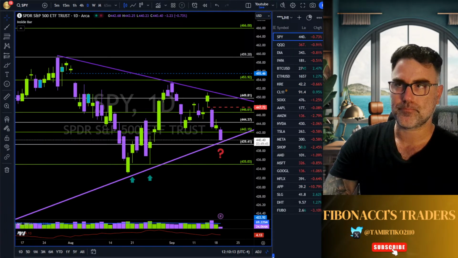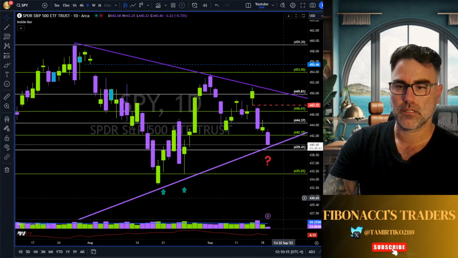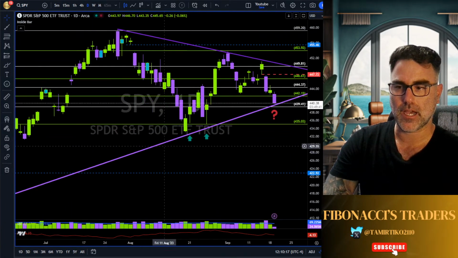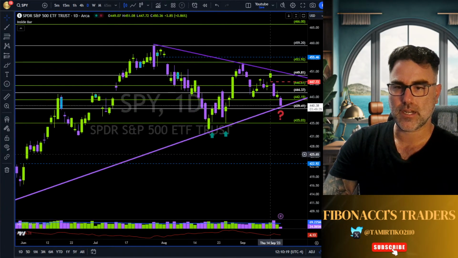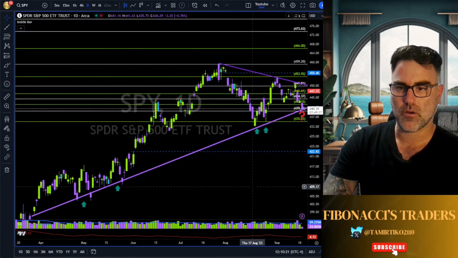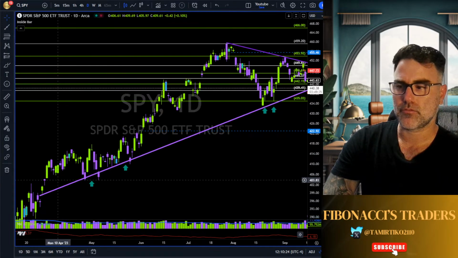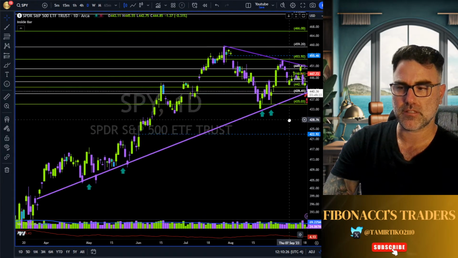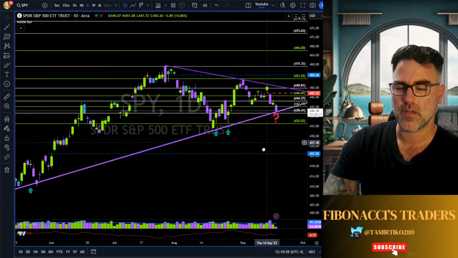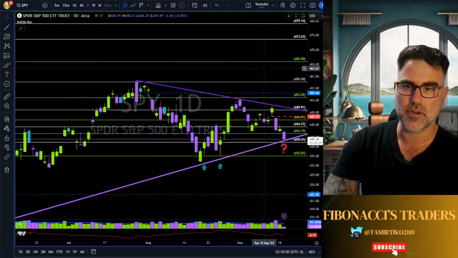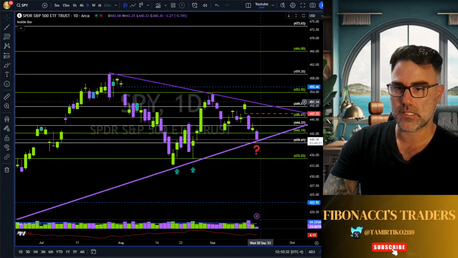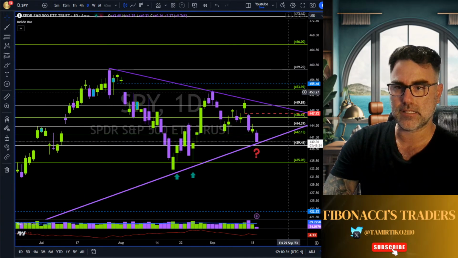SPY on the daily. As you can see, trend lines. You know this trend line because you saw the daily market recap in the past few weeks, and you saw the pre-market preparations, and we said this purple trend line needs to get retested, and here we are, low of the day.